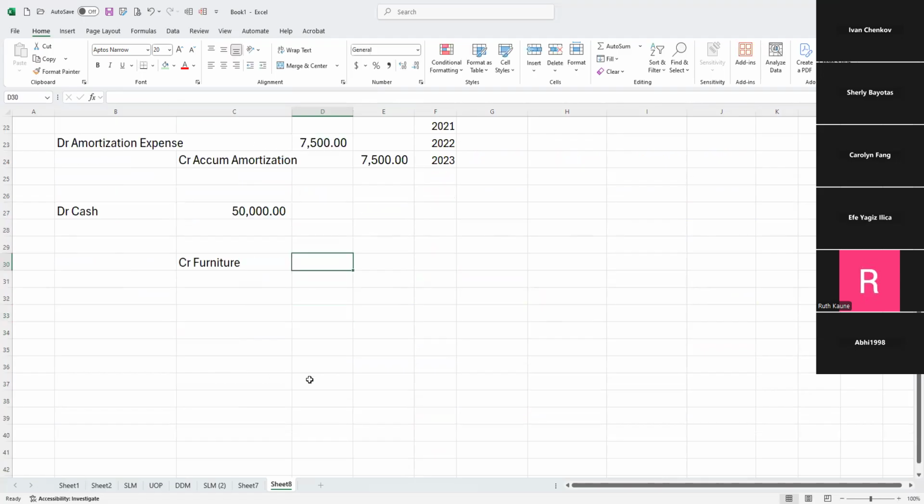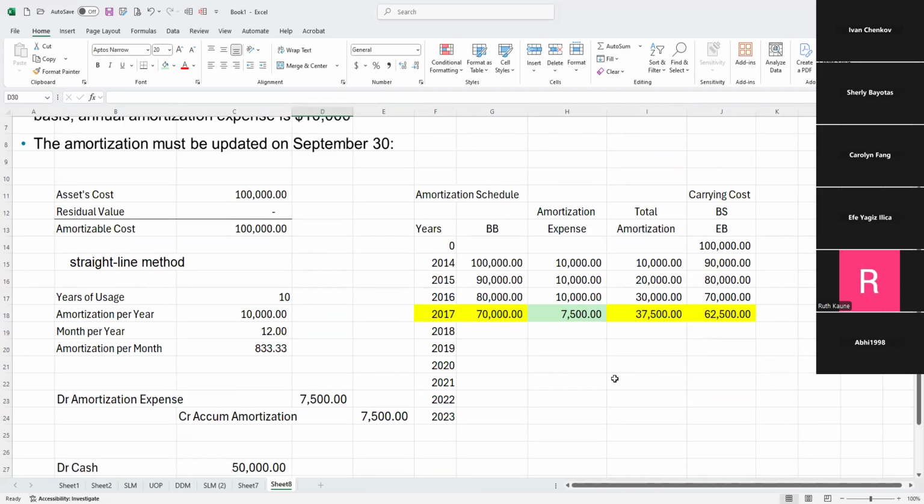Get rid of the asset. What's the original cost of the asset? Hold on a second. Asset stays on the original cost. How much is the carrying amount? That's a different story. The carrying amount is 62,500 because 100,000 is the original cost minus 37,500.